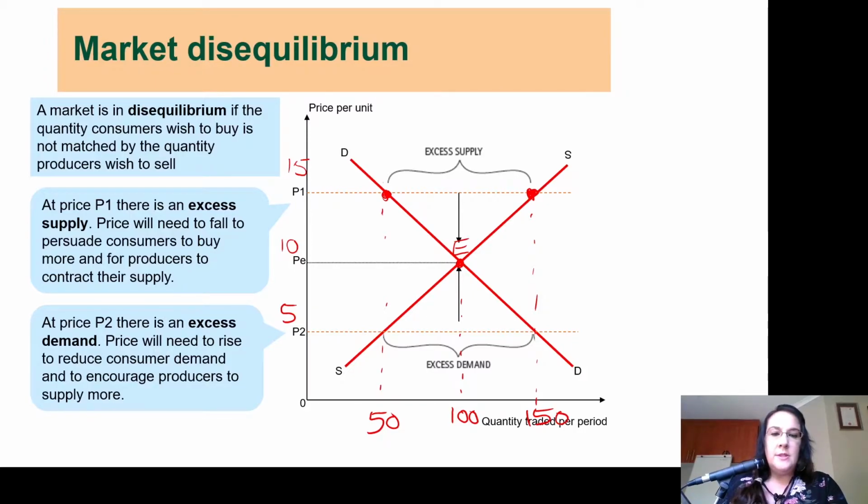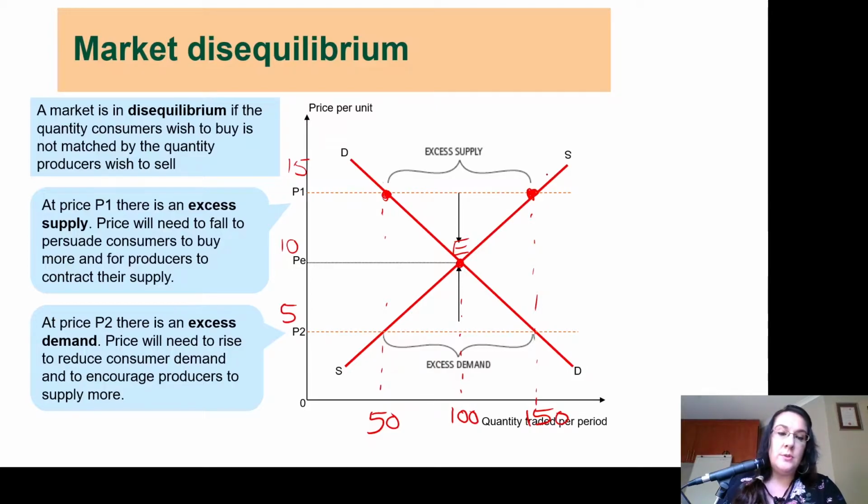Now, the difference between these two points illustrates excess supply. So we can go to the demand curve, and I can go to price 15, dollars, rands, any currency you want, and I can see that the consumer is only willing to buy 50 units at that price.